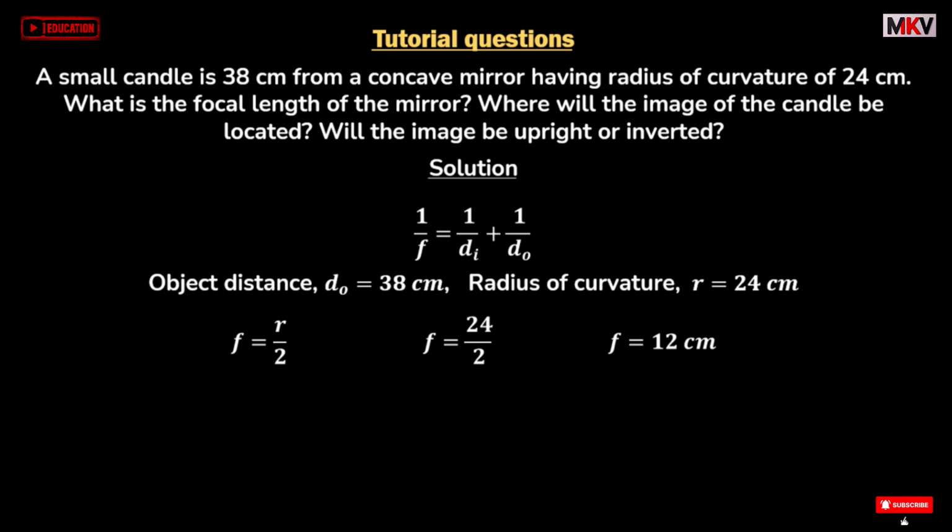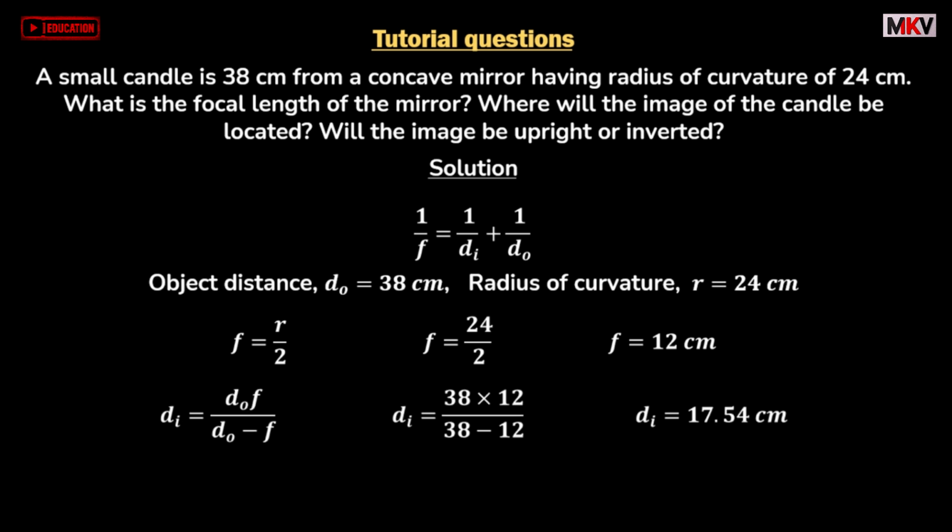Now the next question is asking us to find where the image of the candle will be located, meaning you are supposed to find the image distance from the lens, which is di. So hence, we are supposed to make di the subject of the equation 1 over f equals 1 over di plus 1 over d naught. Making di the subject of the equation, we have di equal to d naught f over d naught minus f.